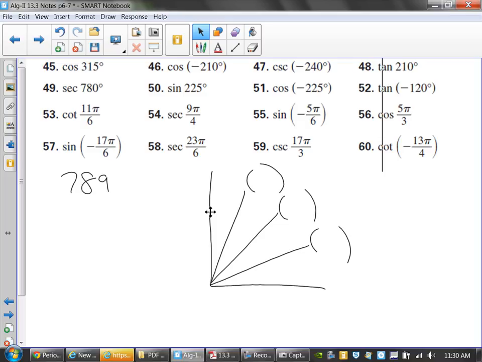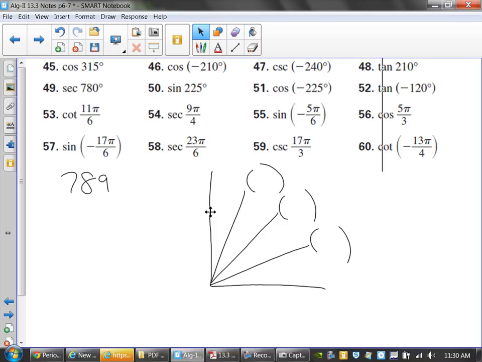All of this stuff is based off the two special right triangles that I've been beating you over the head with. If you can draw the special right triangle and write out the ratios of the sides, everything falls into place off of that. Understanding that C comes before S in the alphabet helps you remember that X comes before Y. Use your ordered pairs like you would any other when you were plotting stuff in the past, whether what quadrant things are positive versus negative, and everything goes off of it.